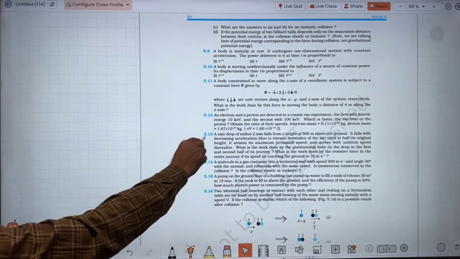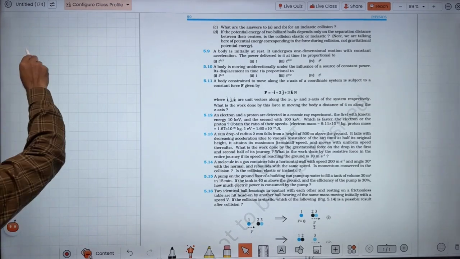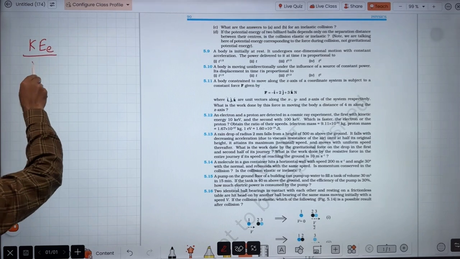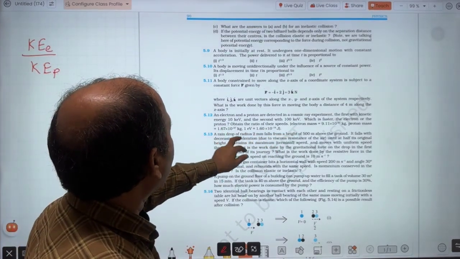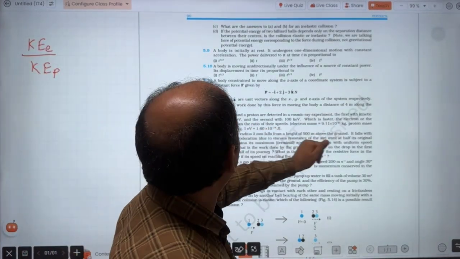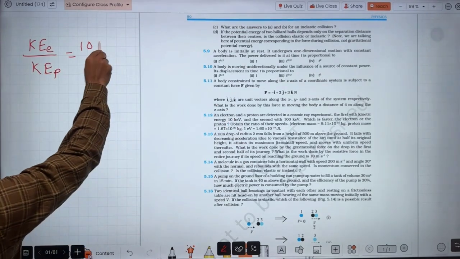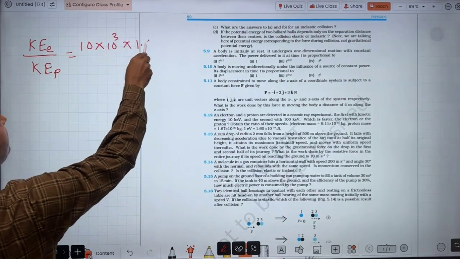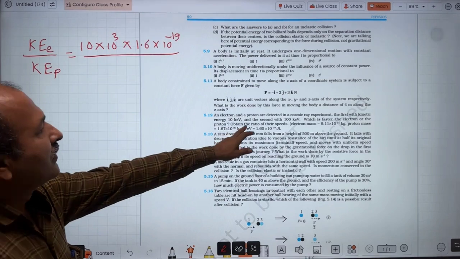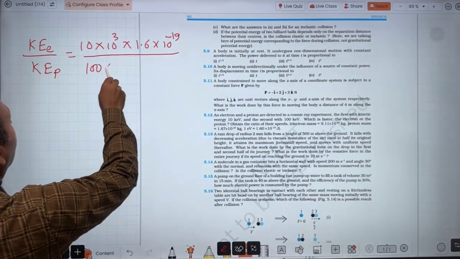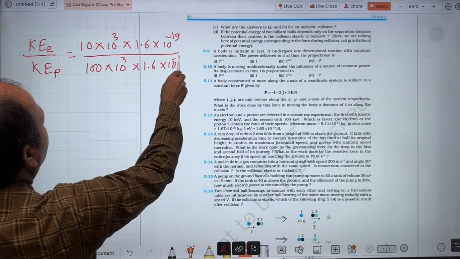So here we are given the energies of the electron and proton. Let's write KE electron divided by KE proton. KE electron is given as 10 kilo electron volt. Kilo means 10 power 3, and electron volt means 1.6 into 10 to the power minus 19, divided by that of the proton, which is 100 kilo electron volt, 1.6 into 10 to the power minus 19.